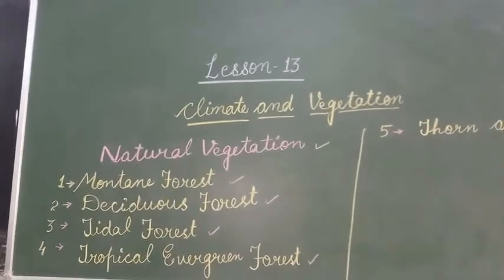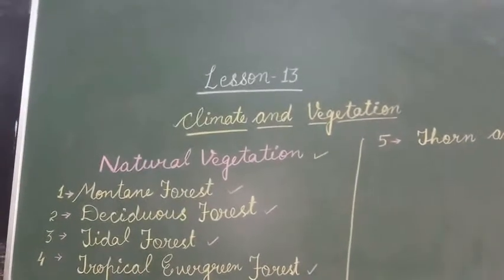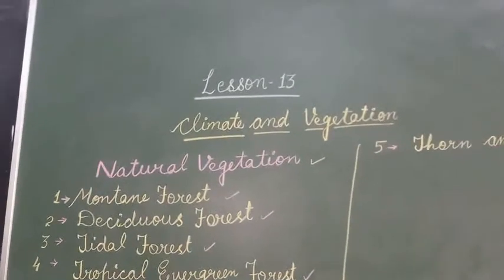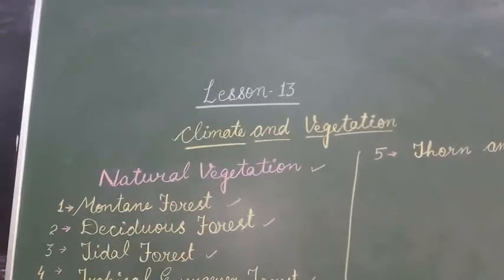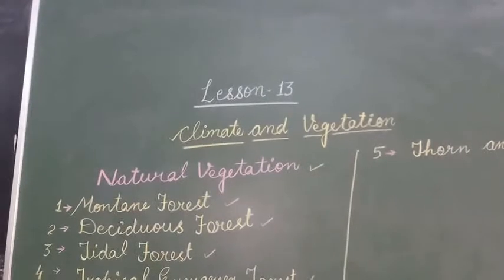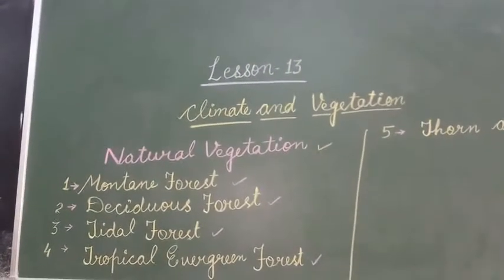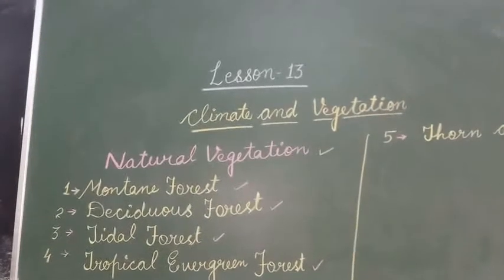The trees found in the western part are broad-leaved, like oak and walnut. The eastern part receives heavy rainfall and the vegetation here is lush and green.